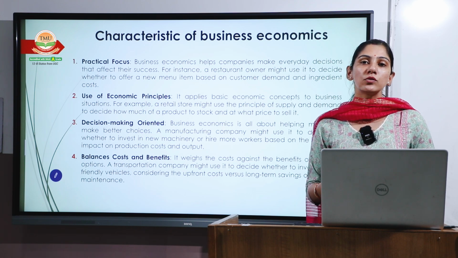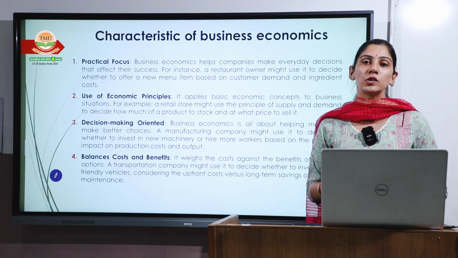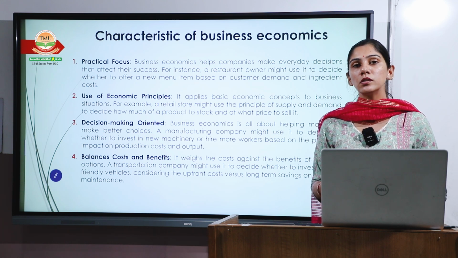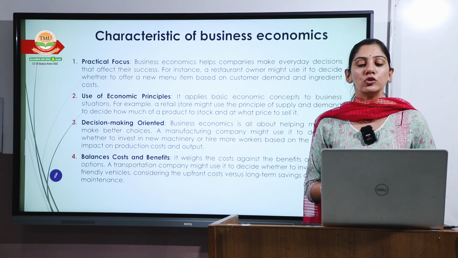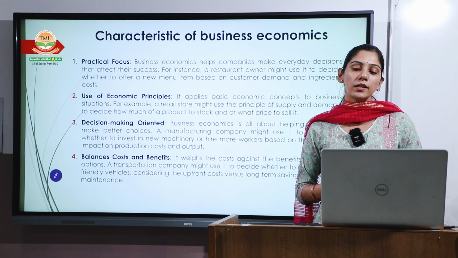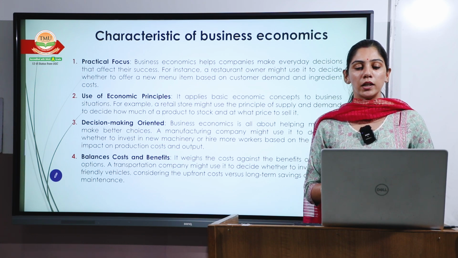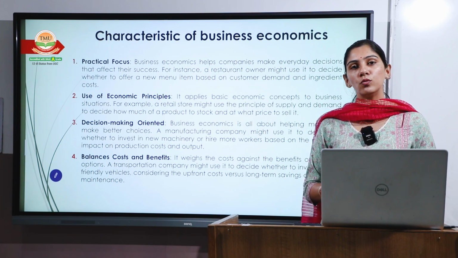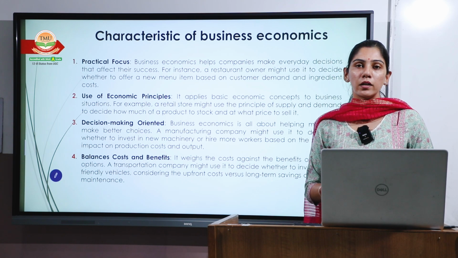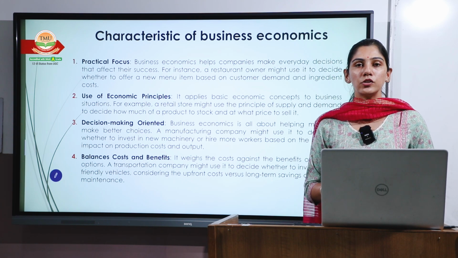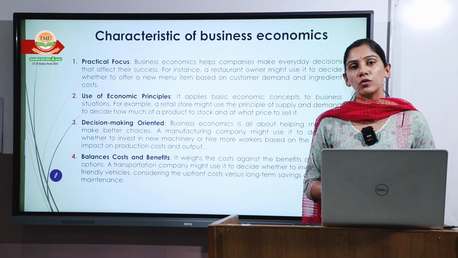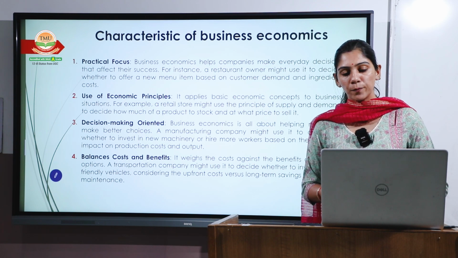So with the limited resources we cannot fulfill everyone's demand or everyone's desire. So we have to make choices. Let us take an example. A manufacturing company might use it to determine whether to invest in new machinery or hire more workers based on the potential impact on production cost and output.